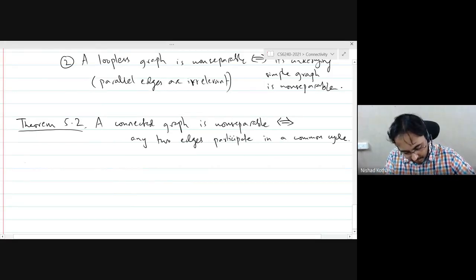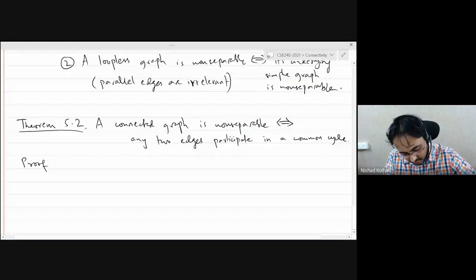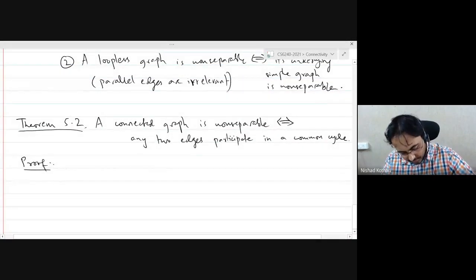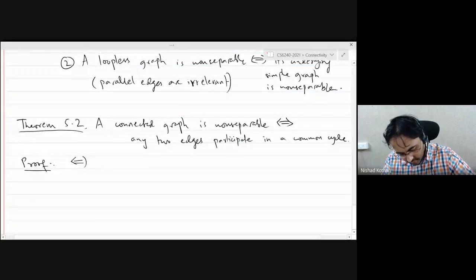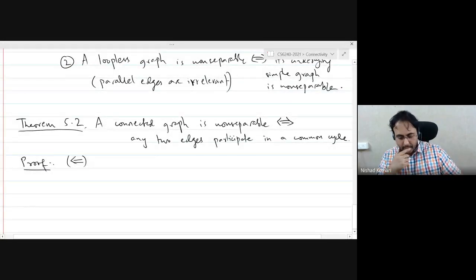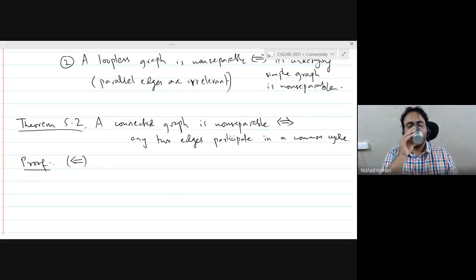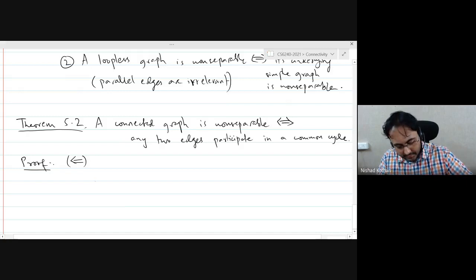So let's write down a proof of this. Let's first prove the converse direction. Supposing the graph is separable, so I'm proving the contrapositive, right?